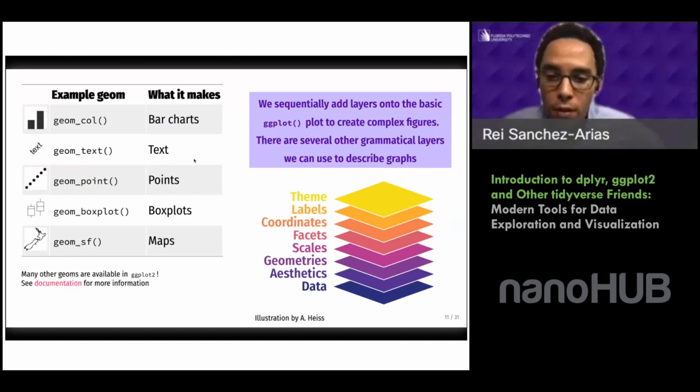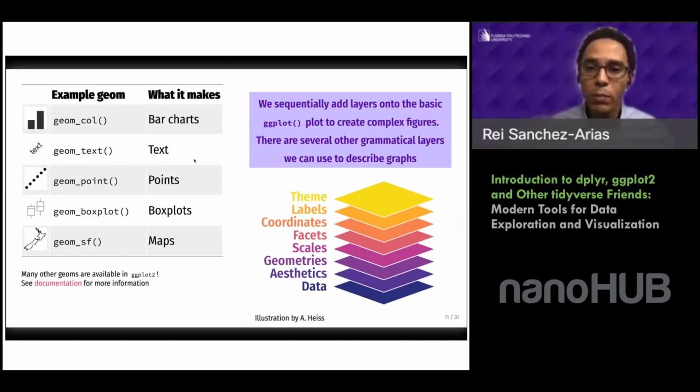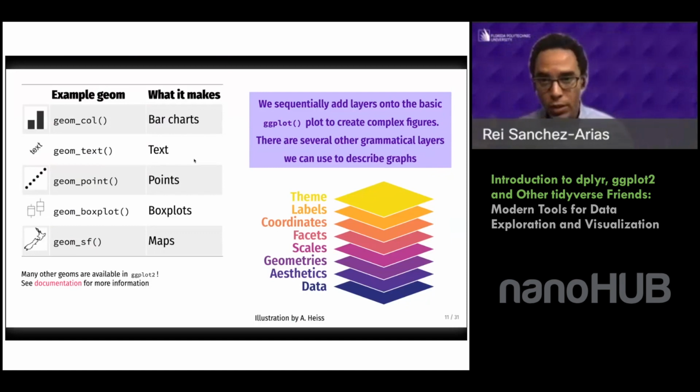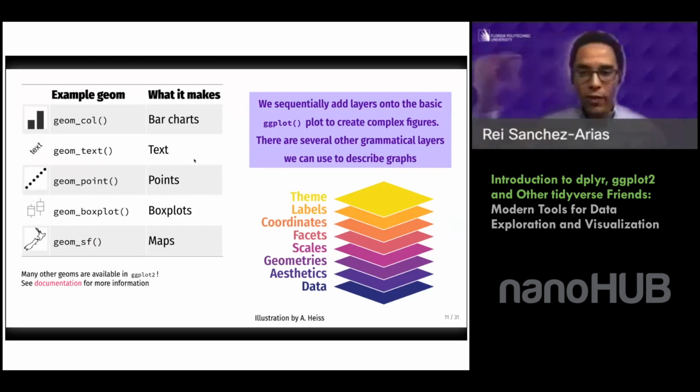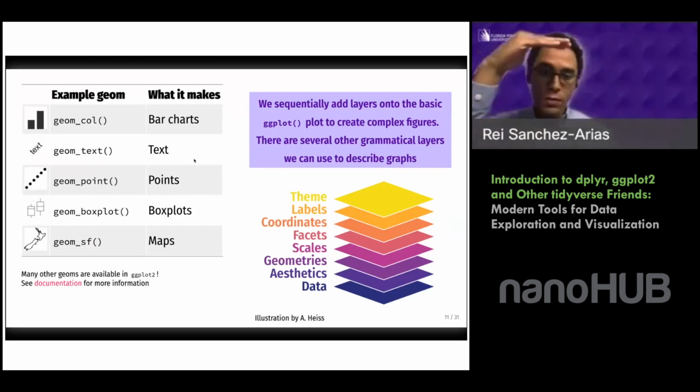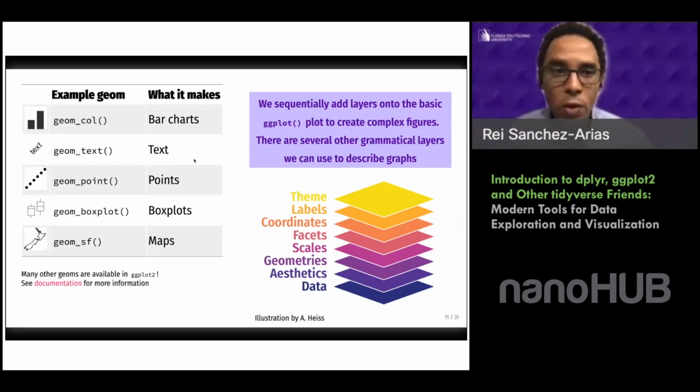So remember, the key point here is that we sequentially add layers onto the basic ggplot object to create complex figures. And there are several other grammatical layers that we can use to describe graphs: data, aesthetics, geometry, scales, facets, coordinates, labels, and even a theme. Some of you may be familiar with a site called 538.